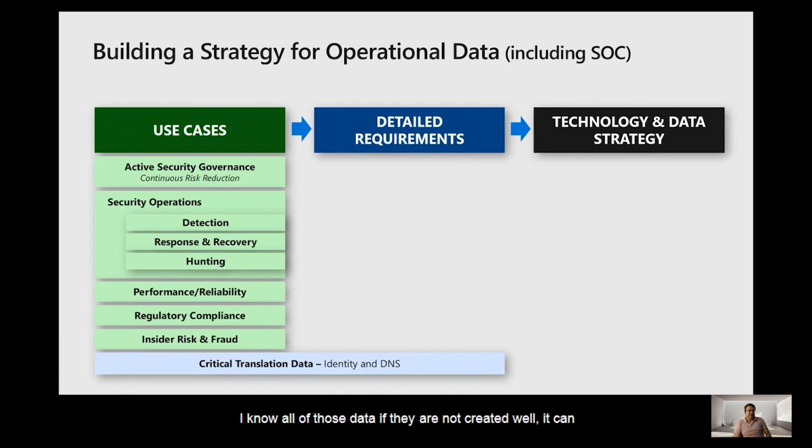If all of that data is not curated well, it can definitely lead to a lot of confusion in managing the overall experience. So while use cases have to be applied, translation data is very important to ensure clarity on what exactly is happening.